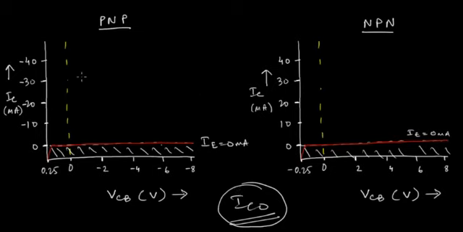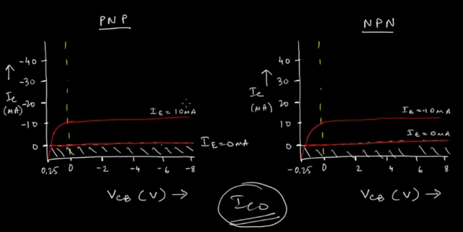Now if IE is increased to 10 milliamps by forward biasing the emitter base junction, we get a higher curve where we can see that the collector current is strikingly equal to the emitter current.